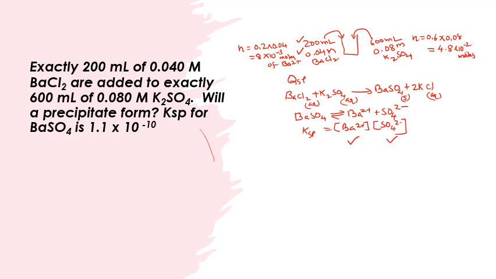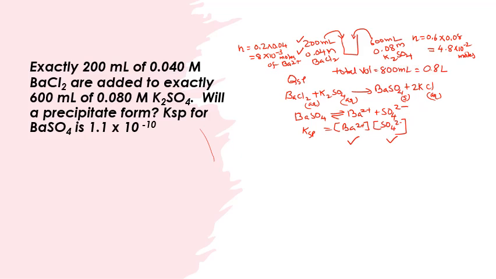But we calculated the number of moles. What we are going to do now is calculate the concentration. So I know I have added 200 milliliters of BaCl2 and 600 milliliters of K2SO4. So we can get the total volume, which is equal to 800 milliliters, that equals 0.8 liters, correct?